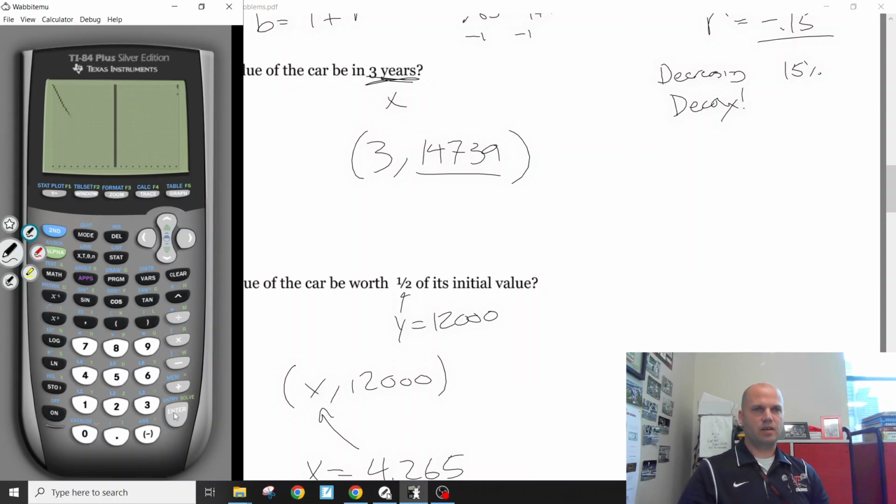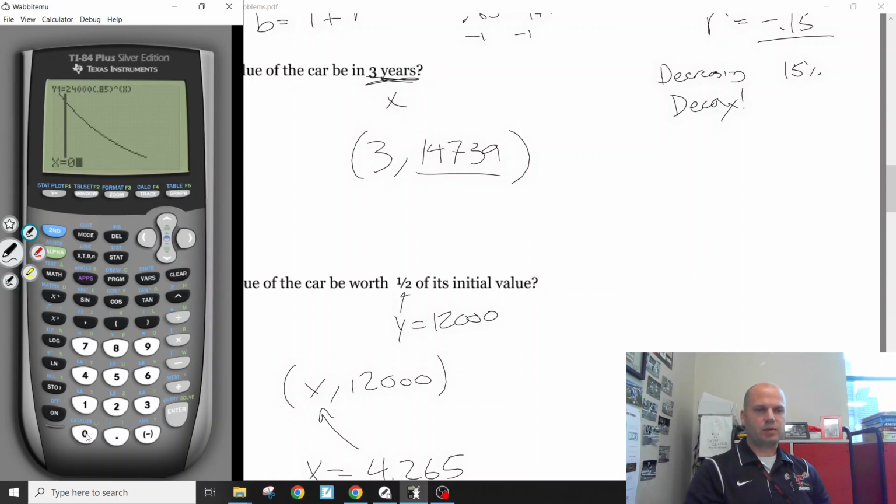Zoom fit gives me my graph on my x's from -10 to 10. I could adjust my x's to be from -1 to 10. And if I zoom fit, you can get a better understanding of the positive times rather than the negative times. So maybe you do that. It's a nice graph.